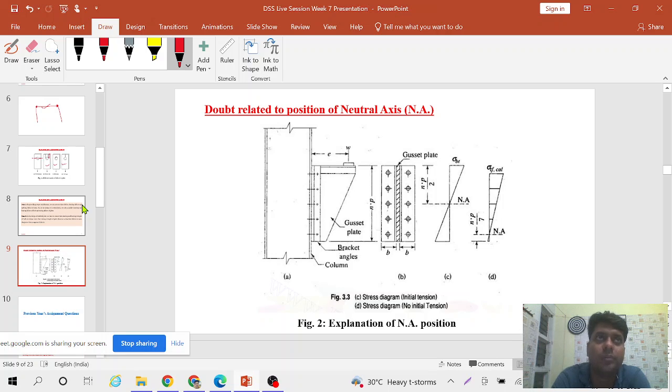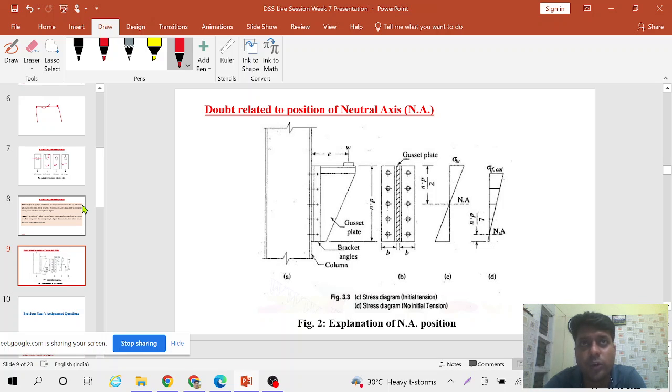In one of my live sessions, I have also told why there is a need for restricting the size of the gusset plate, because if you increase the size of the gusset plate, it will cost you a lot. So that is why we prevent it, because gusset plates are heavy members.